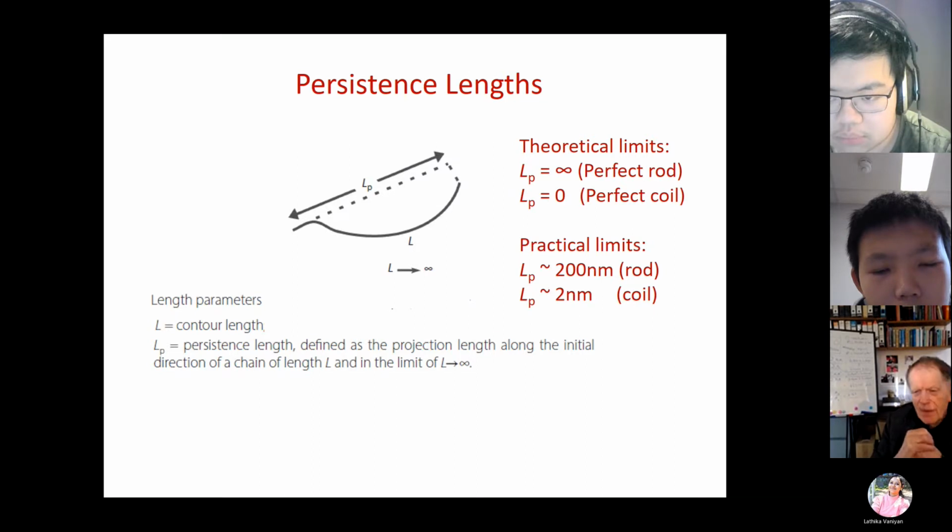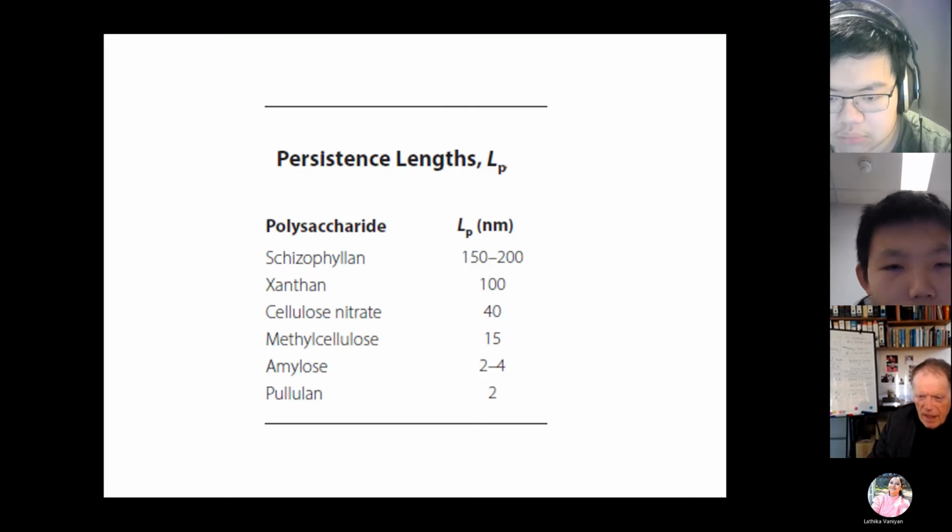But practically, there's never an absolutely perfect rod or an absolutely perfect random coil. The limits for polysaccharides anyway are between 2 and 200 nanometers. So the very flexible molecules, random coils like pullulan, have a persistence length of about 2 nanometers, and schizophyllan 150 to 200 nanometers.